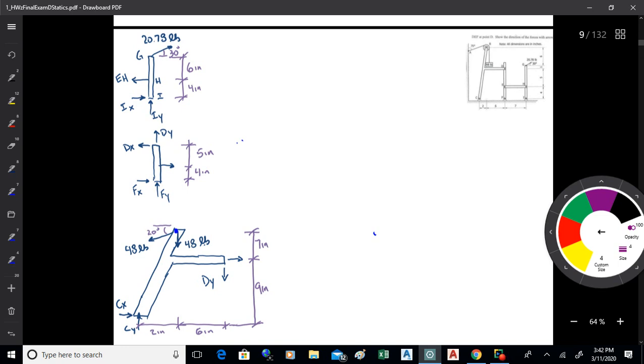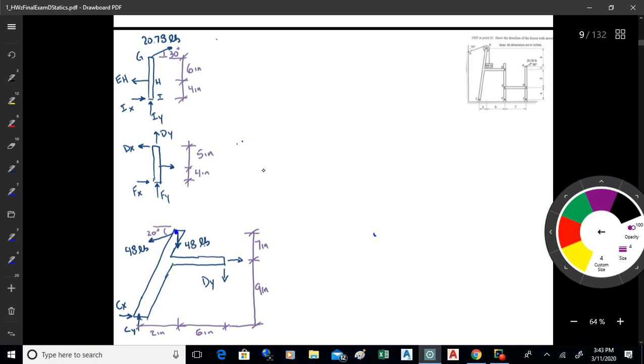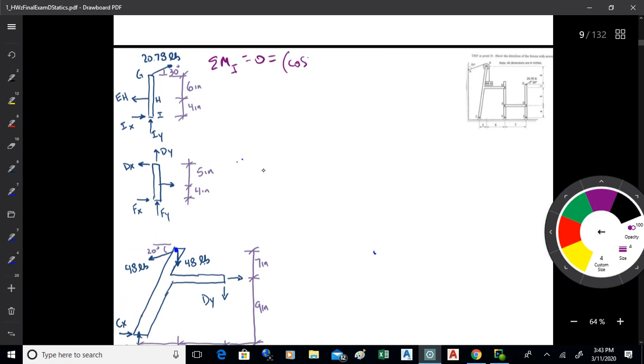So I would start here on the right-hand side and work my way over to Dx. Here I would go sum of moments about point I, and set that equal to 0. I'd have cosine 30 times 20.78 pounds, times 10 inches.